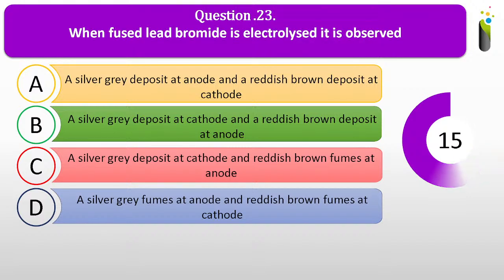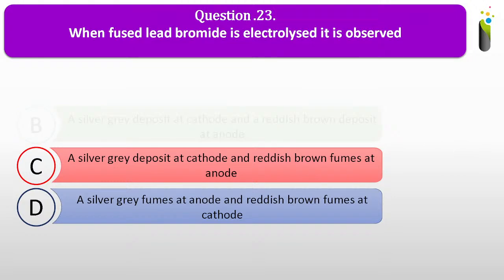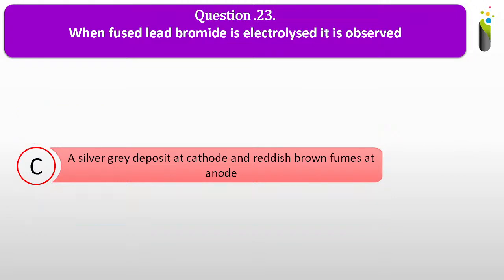Answer me for question number 23. And the correct answer for this question will be C. A silver gray deposit at cathode and reddish brown fumes at anode.